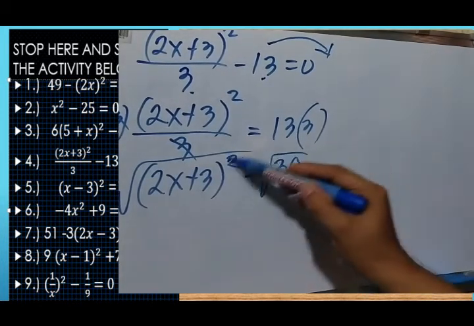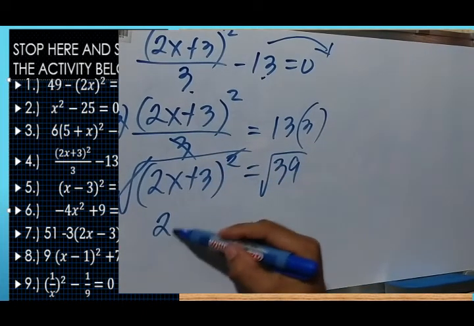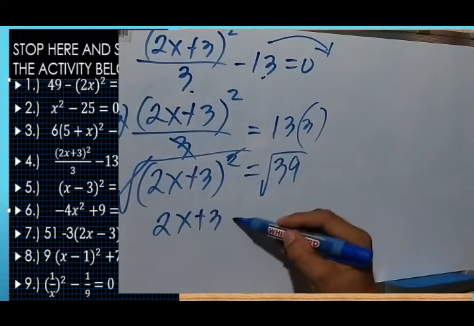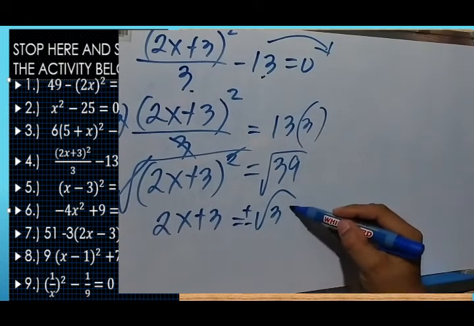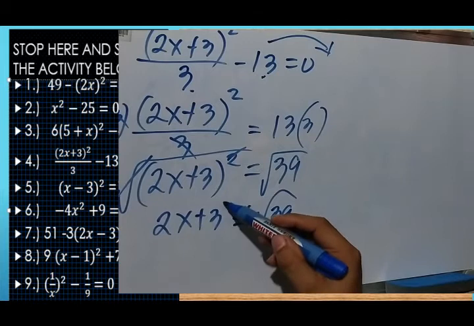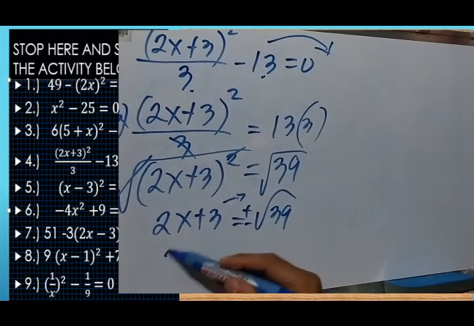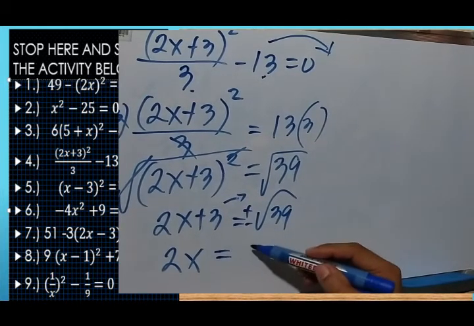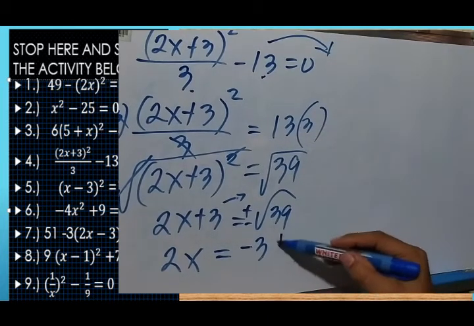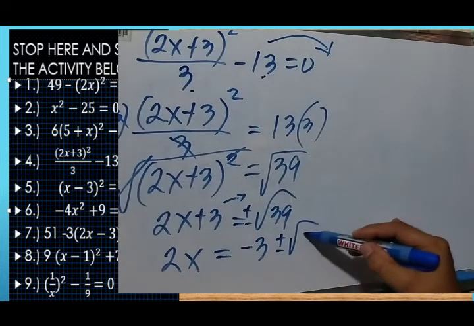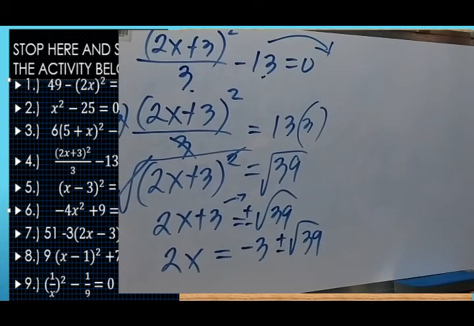Okay, extract the square root of both sides. We now have 2x plus 3 is equal to positive, negative square root of 39. Please do not forget positive and negative signs. Then you transpose 3 to the other side. That is actually deducting 3 on both sides. So you have 2x is equal to negative 3 plus minus square root of 39.